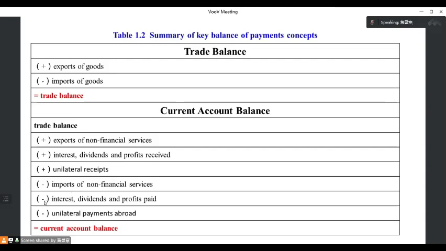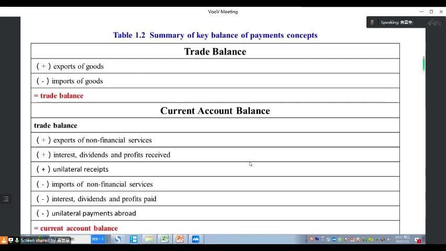Minus imports of non-financial services, minus interest, dividends, and profits paid, minus unilateral payments abroad. Finally, equal current account balance.